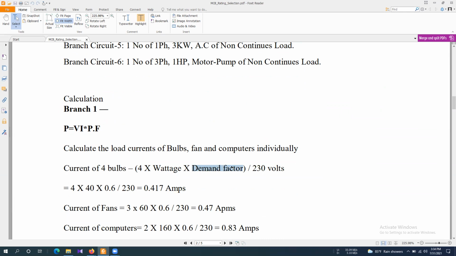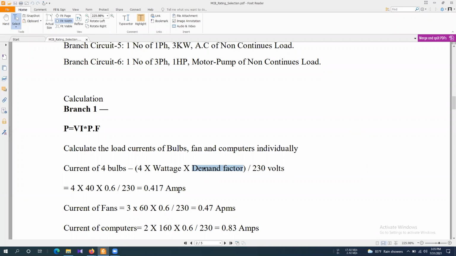The demand factor parameter indicates that, for example, you have 10 bulbs. There is a very small probability that you will run all 10 bulbs at a time. Maybe 60 or 70% of the bulbs you can run at a time. So this is an approximation in order to reduce the rating of the MCB, so that the cost is a little bit lower. If you consider the demand factor, the calculation is okay.